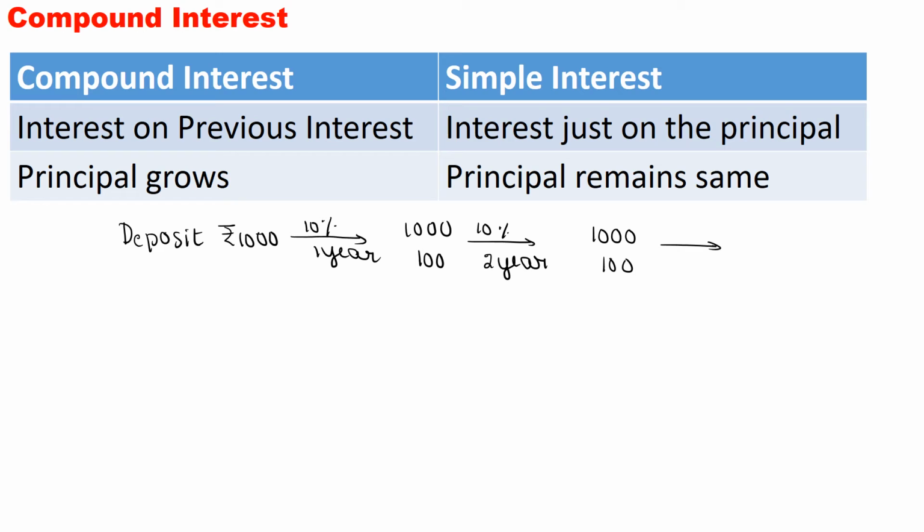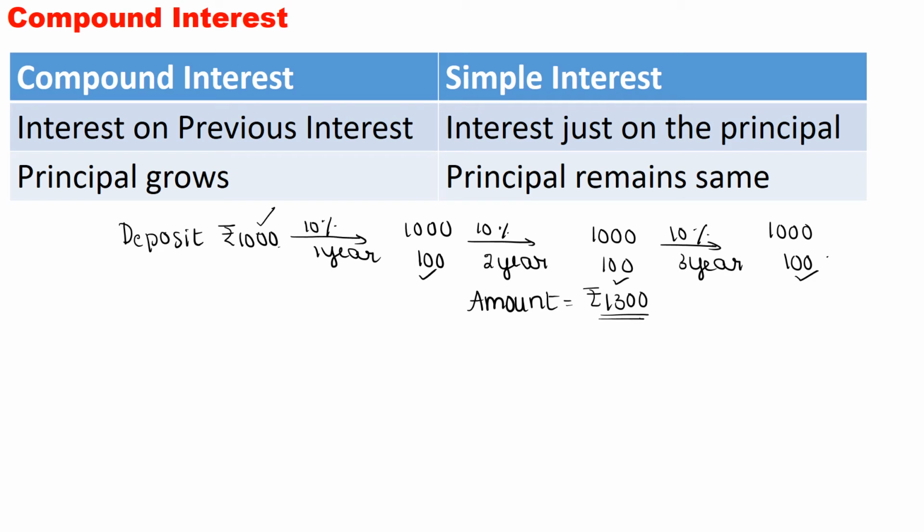Next, 10% interest, third year, 10% of 1000 is 100. Here the interest remains the same, the principal remains the same. Then we get the total amount: 1000, 100, 100, 100, totally rupees 1300. We have to pay 1300.